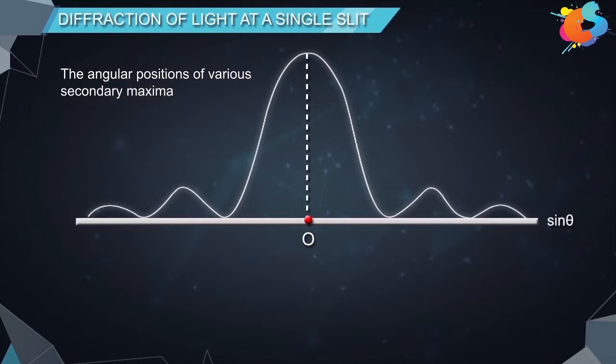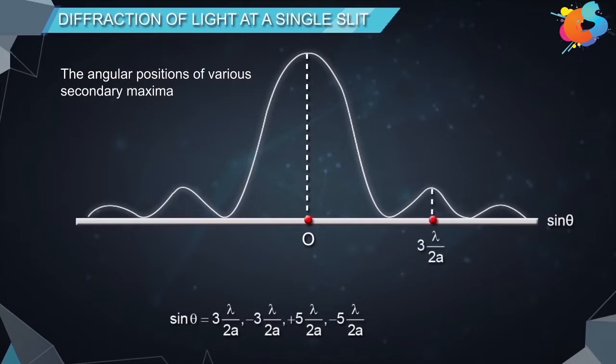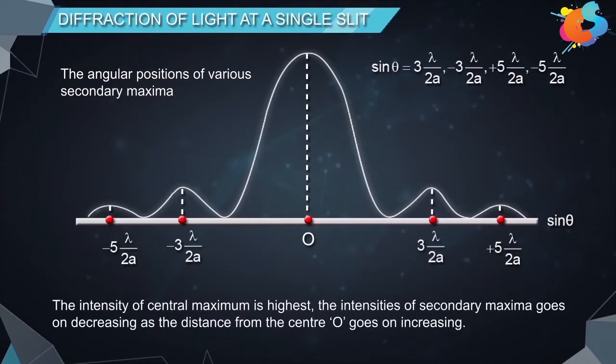Similarly, the angular positions of various secondary maxima are sin theta is equal to plus 3 lambda by 2a, minus 3 lambda by 2a, plus 5 lambda by 2a, minus 5 lambda by 2a, and so on. The intensity of central maximum is highest, and the intensities of secondary maxima go on decreasing as the distance from the center O goes on increasing.